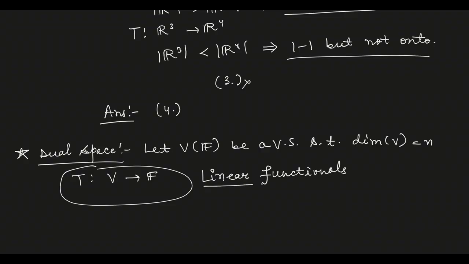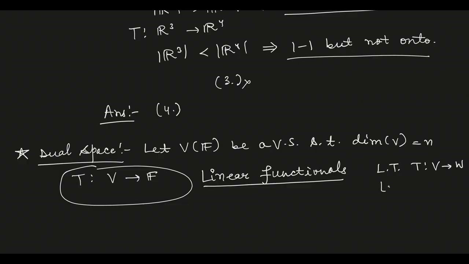What was the difference between linear transformation and linear functionals? Linear operator we have studied, where domain and codomain will be of the same dimension, but linear functional we have not studied. The basic difference between linear transformation and linear functional is that in linear transformation T is a mapping from a vector space to another vector space.